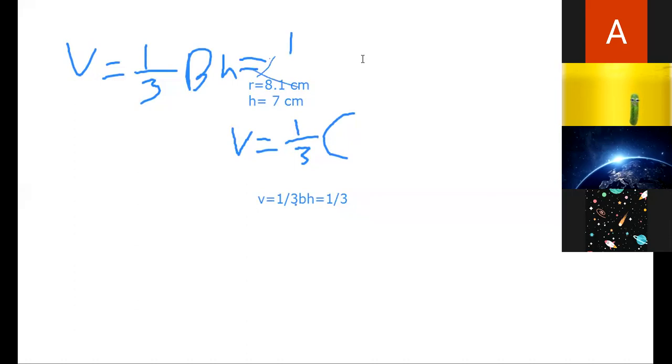Base times height, 1/3. Right. Into pi times r square. Okay, then times height.